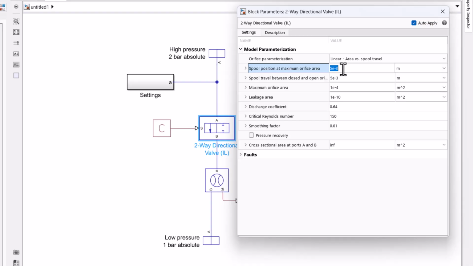The first number is the signal corresponding to 100% open, and the difference between the first and second number is corresponding to the signal value, which is a 0% open valve. So as long as these two numbers are equal, then a zero signal means a fully closed valve.